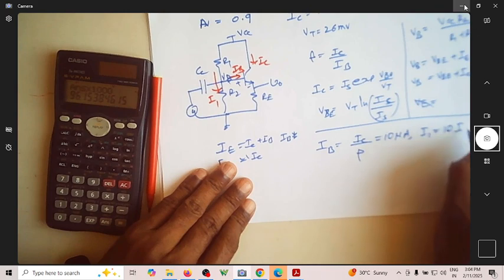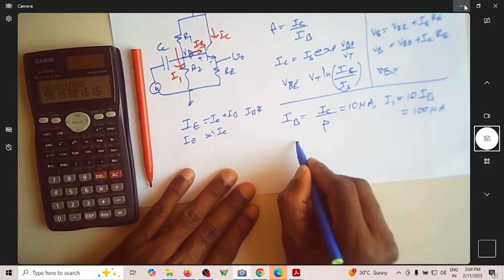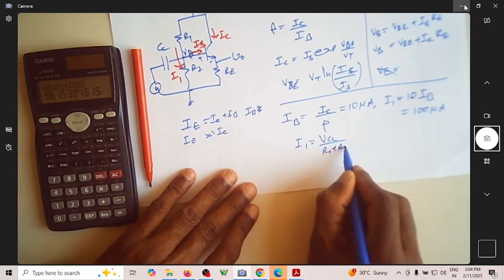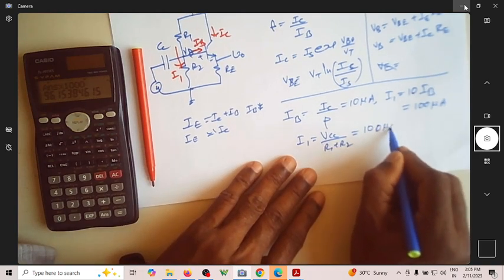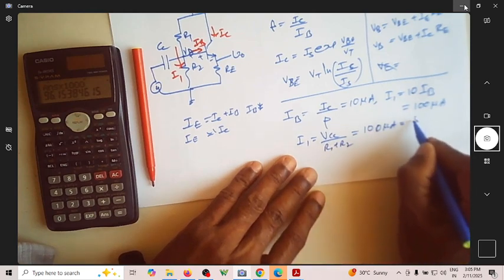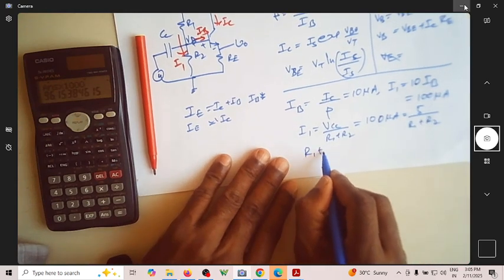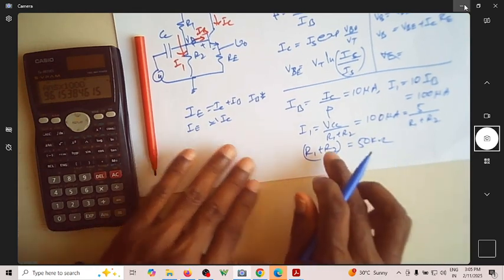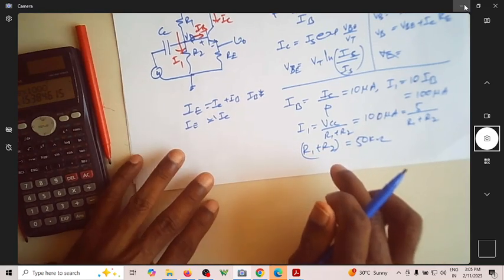Then I1 is equal to 10 times IB, which happens to be 100 microampere, and I1 is also equal to VCC by R1 plus R2, which is 5 by R1 plus R2. This will give you R1 plus R2 as 50 kilo ohm. So you know the summation of these two resistances. Later we'll find the value of R2.